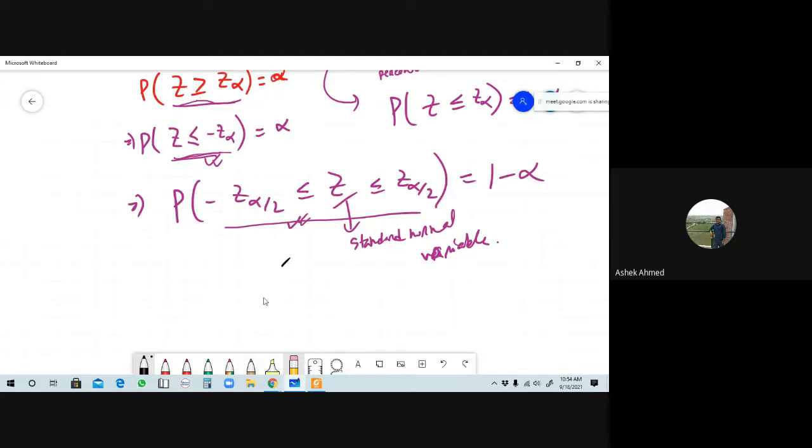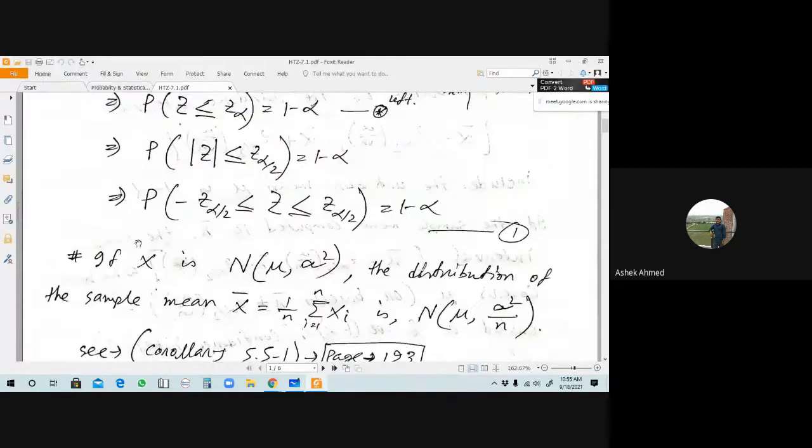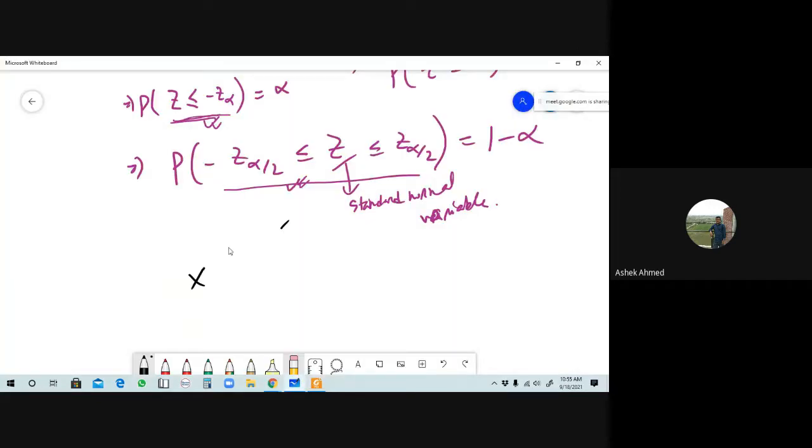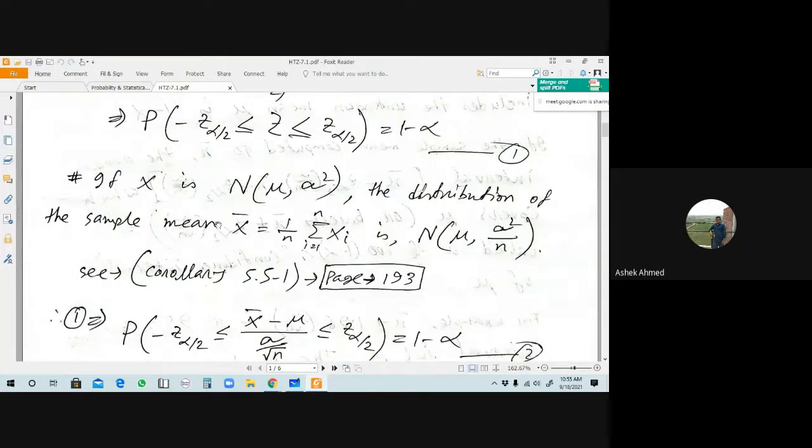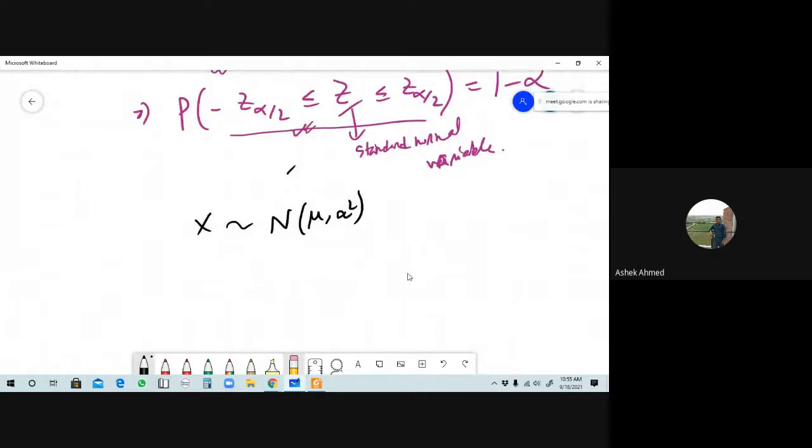There is a corollary: if x is a normal variable with mean mu and variance sigma square, then the distribution of the sample mean, denoted by x bar, is also normal. Remember x bar means the sample mean. To determine the mean value, you take the summation of the samples and divide it by the number of samples.